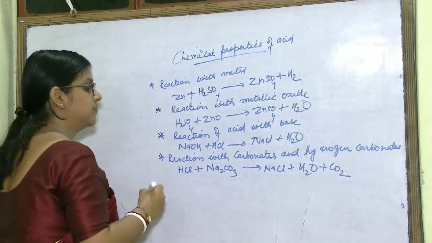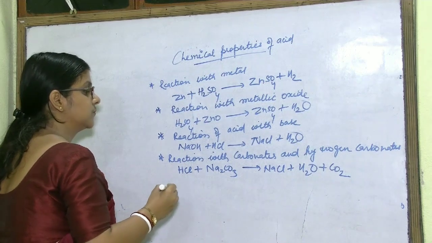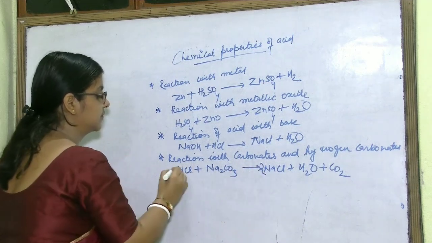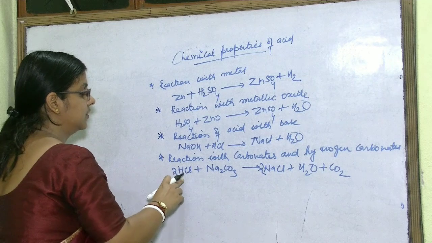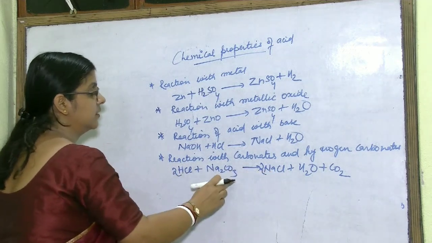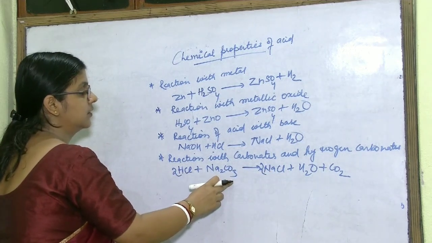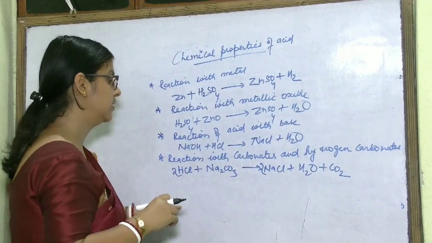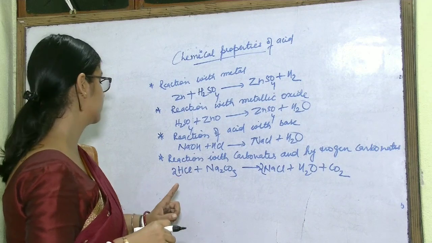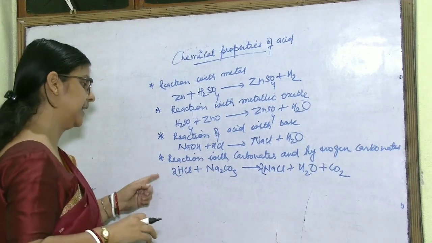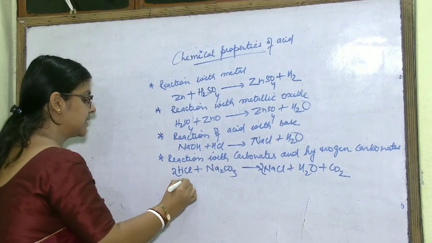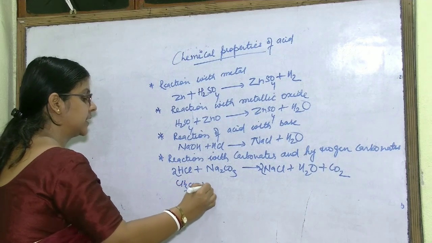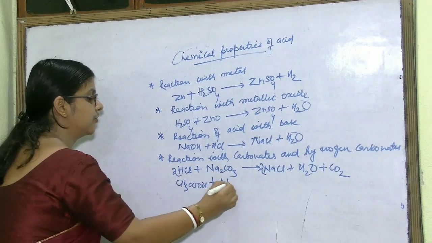Now you will have to balance it. So 2 NaCl, 2 hydrogen, you are getting 3 oxygen, 2 hydrogen, now 2 sodium, 2 chlorine. It is balanced. You can take up any other example like CH3COOH plus NaHCO3.